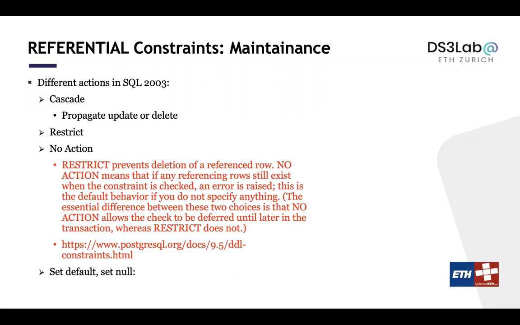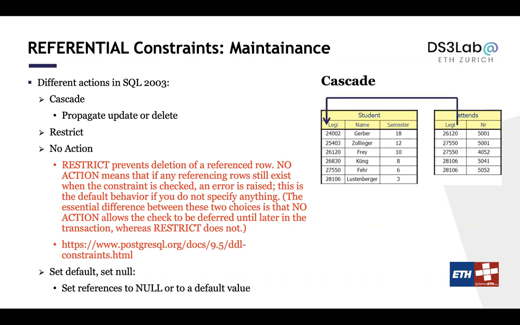Then you can set default or set null, and we talk about different cases. If you do cascade and remove one tuple in the Student table, you are also going to remove these two tuples in the Takes table because of the foreign key constraint. If you do restrict and remove one of these, you'll throw an error. If you do no action and remove this, it's going to check at the end, and then throw an error in this case.